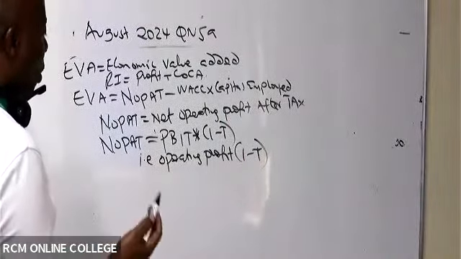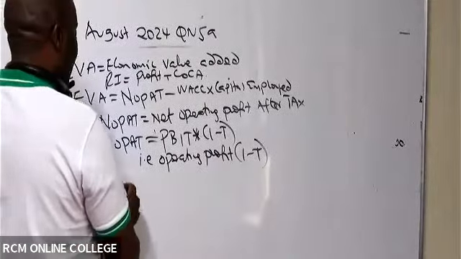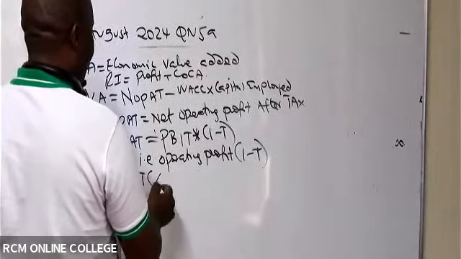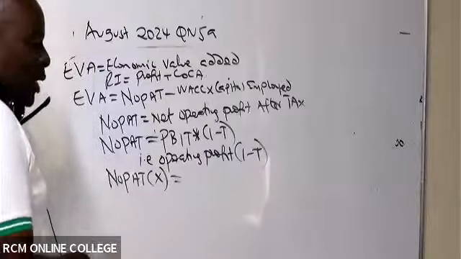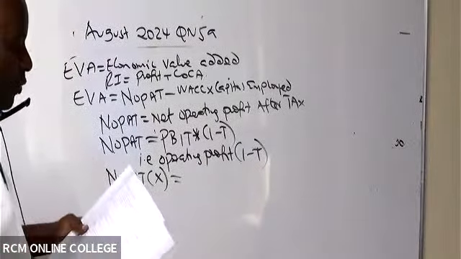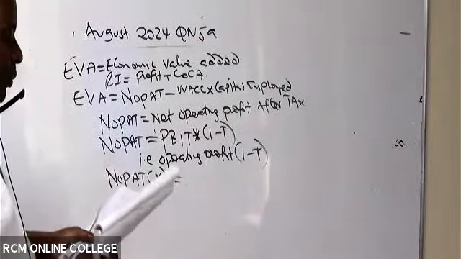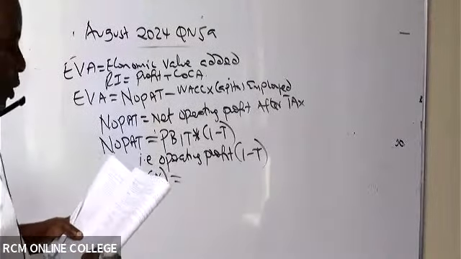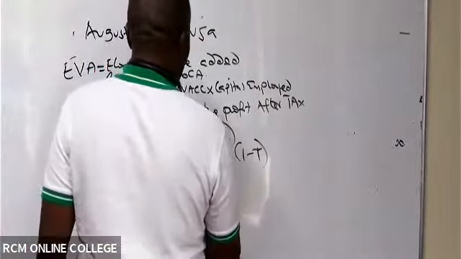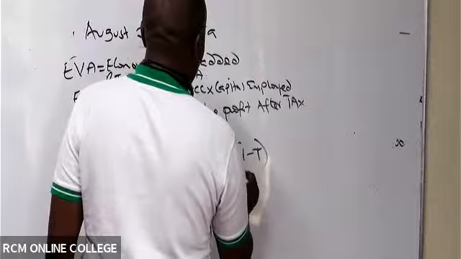And now you can go ahead and they give us NOPAT for X. Fortunately, they have given us the operating income for X, which is 82,500. 82,500 times 0.7.